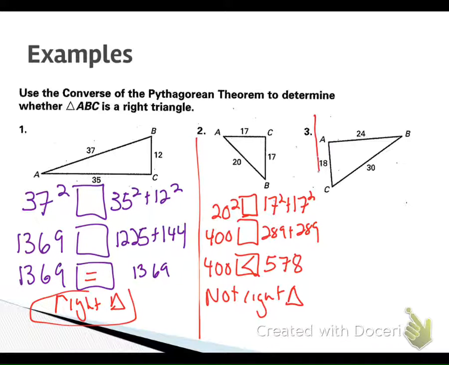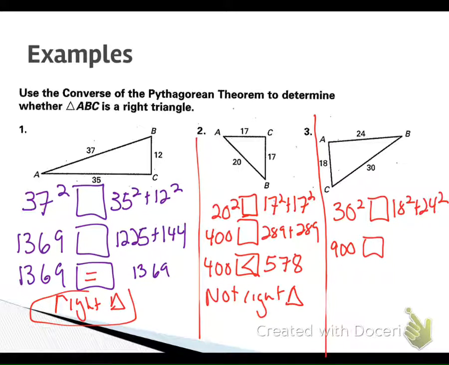It has to satisfy the Pythagorean theorem for it to be a right triangle. And then the last one on this page, which one would be our hypotenuse? 30. So 30 squared, box, 18 squared plus 24 squared. What's 30 squared? 900. Box, 18 squared. 324.